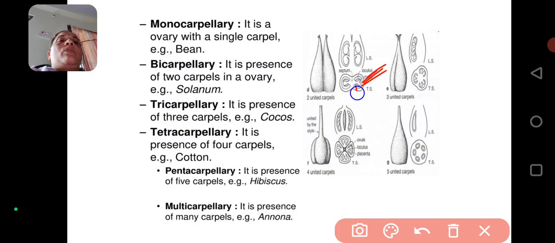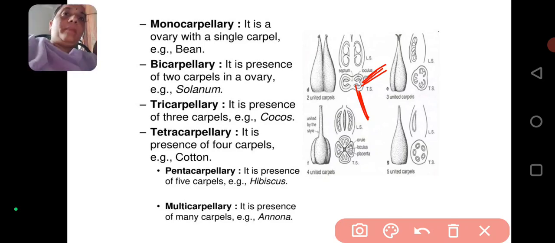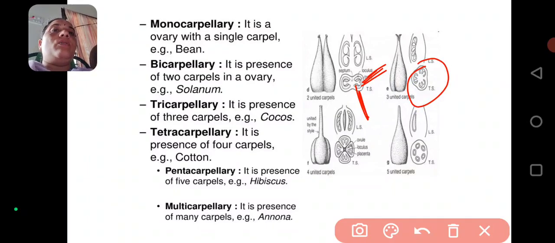Inside the locule, ovules are present. Tri means 3, the presence of 3 carpels in an ovary. Example, citrus.